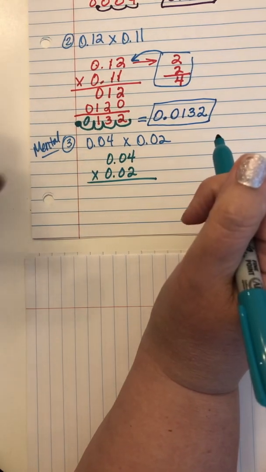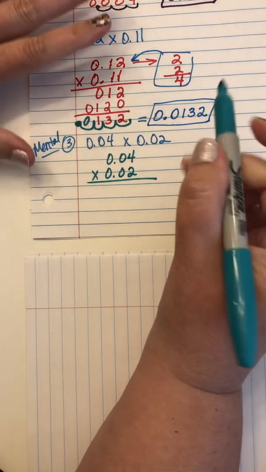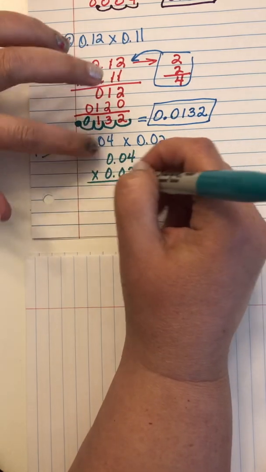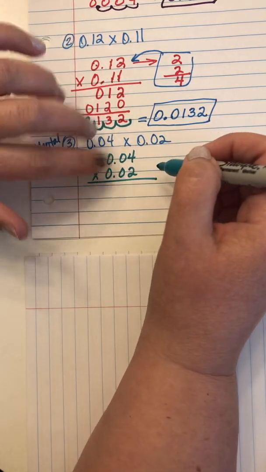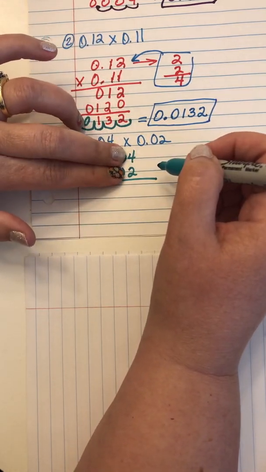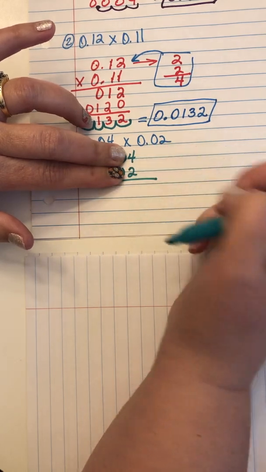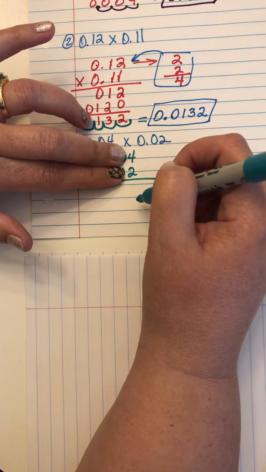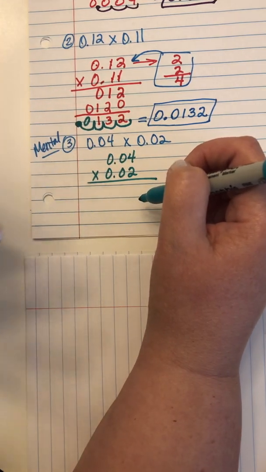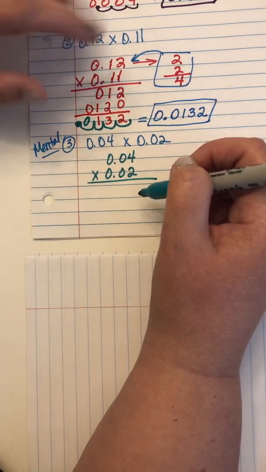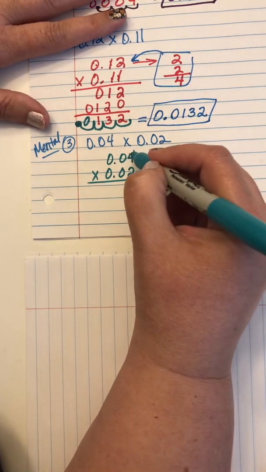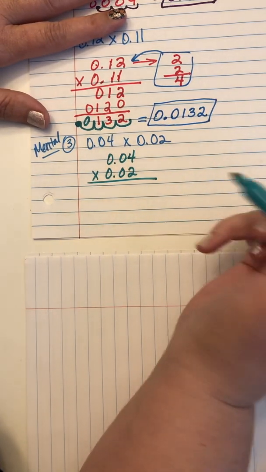But I'm going to just go through. If you can do this mentally, you would disregard those decimals for now and look at it as two whole numbers, 4 times 2. I'm going to do it both ways. Let me go through the long way first, and then I'll go through the mental way.